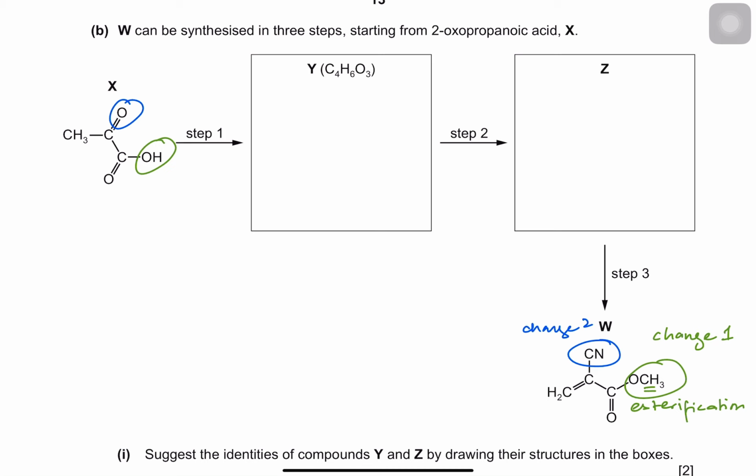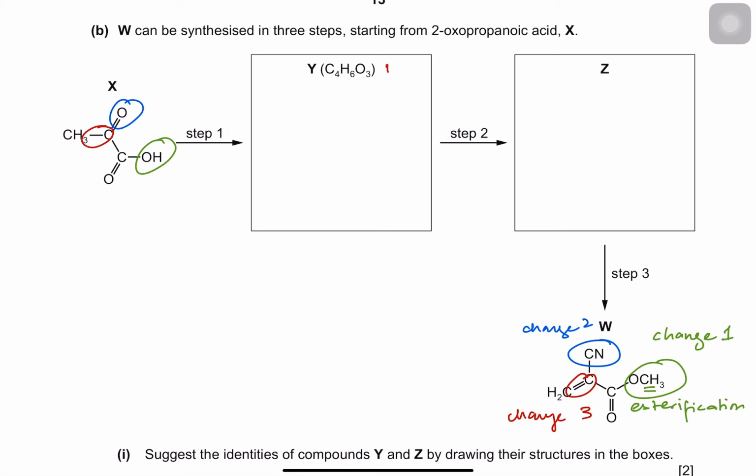And the third change is the CH3 is going away. I mean, like there's a double bond over here. This is change 3. So what we can do over here, first thing is no nitrogen.